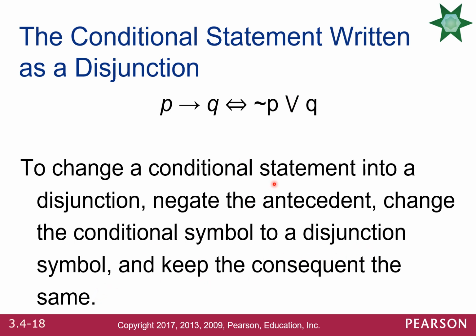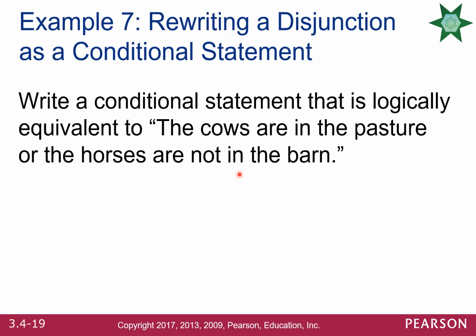If we create truth tables of the conditional statement as well as this disjunction statement, not P or Q, the truth values should be exactly the same, making them equivalent statements.